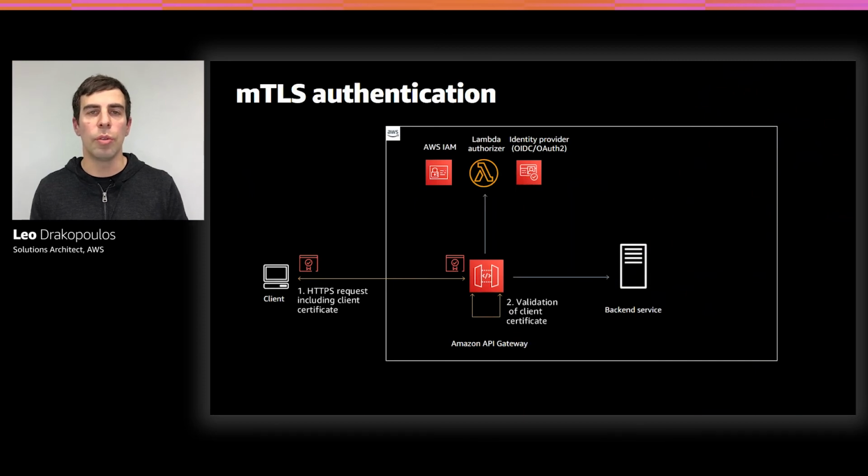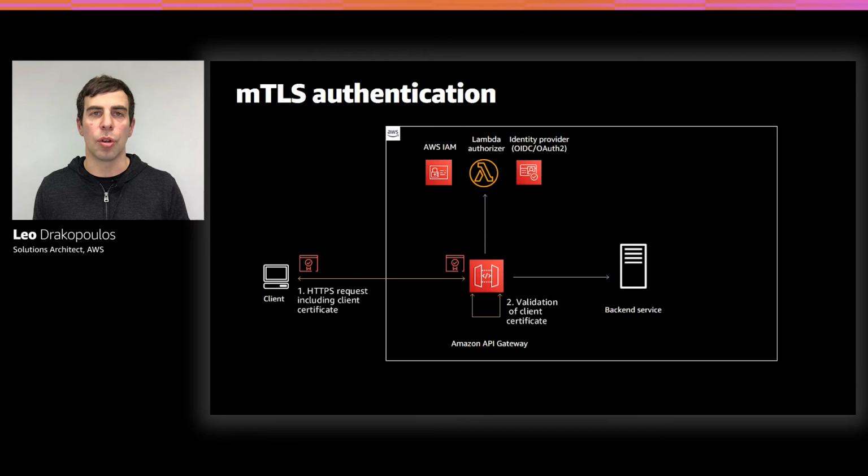What you do there in order to have this validation is you upload the public key certificate of a certification authority to a nominated S3 bucket. And then you configure Amazon API Gateway to essentially point to that S3 bucket with the public key of the certificate authority. So in that way, we can validate the client certificates.